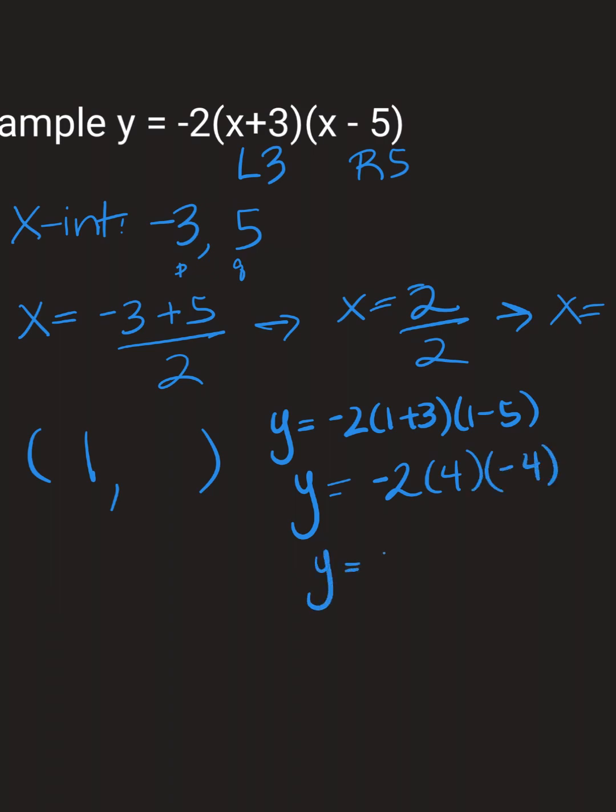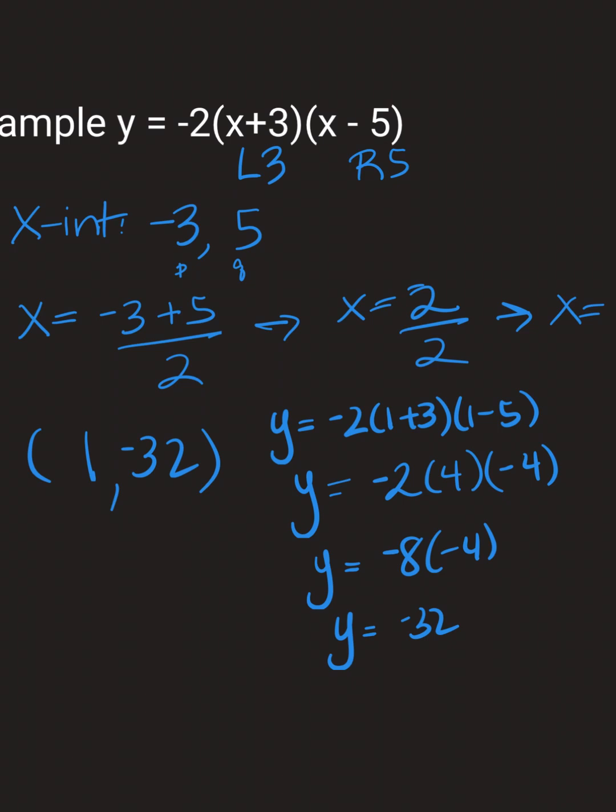So y equals -8 times -4. So y is -32. Now, I wrote on those other things how to find your max or your min, which is always your y-coordinate. And this one will actually have a maximum value because it's a reflection across the x-axis, so it'll have a maximum value of -32.